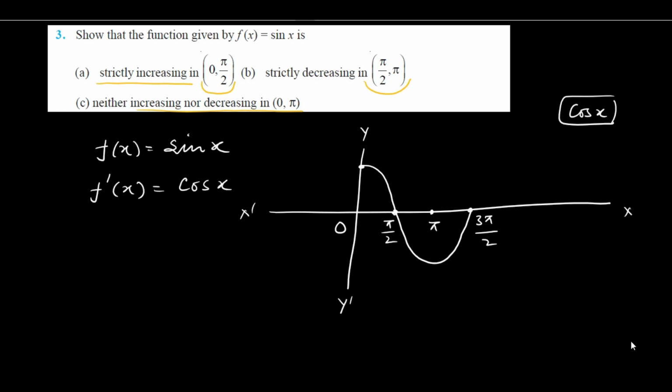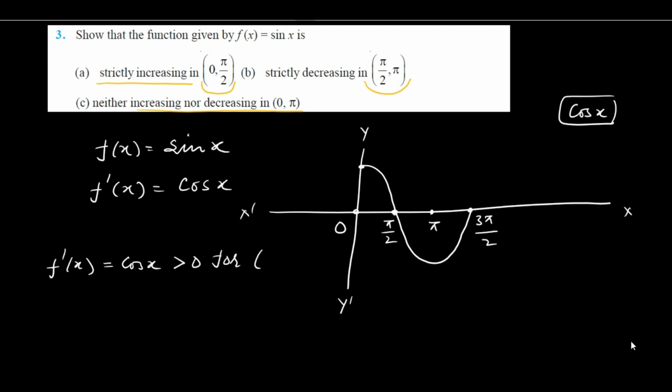Now by the graph you can see 0 to pi by 2. In 0 to pi by 2 you can see f'(x) = cos x is greater than 0.